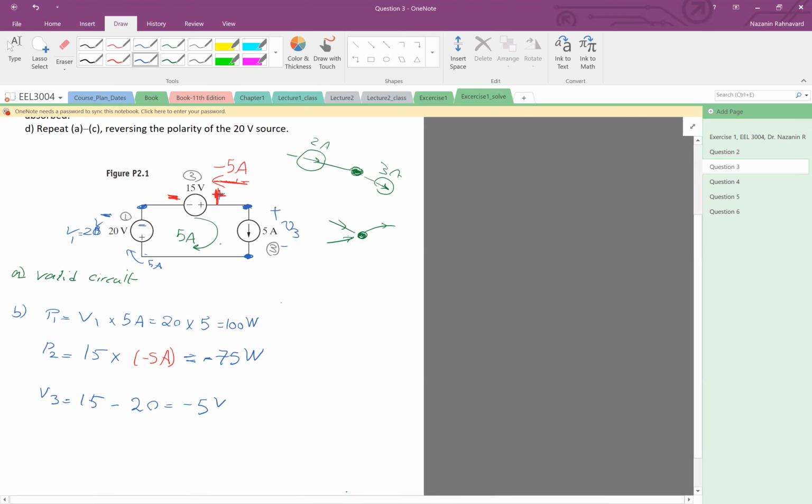When we are studying KVL, you're probably going to see this more. But for now, we can go from this point. First there was a 20 volt drop. If this was ground, then this point was negative 20 volts. But then there was a 15 volt increase, so negative 20 plus 15 would be negative 5 volts.